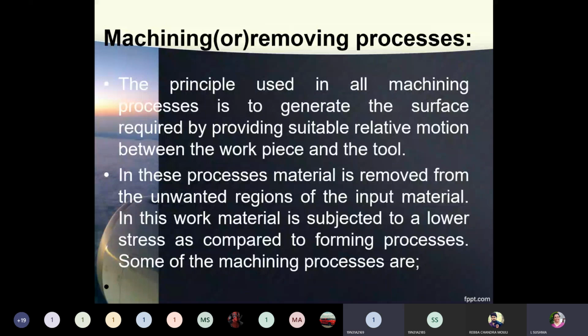You are going to give some relative motion between the tool and the workpiece in such a way that the unwanted material is removed, and you retain the shape you want. This has different types: turning process, drilling process, milling process, grinding, like the different machining processes.